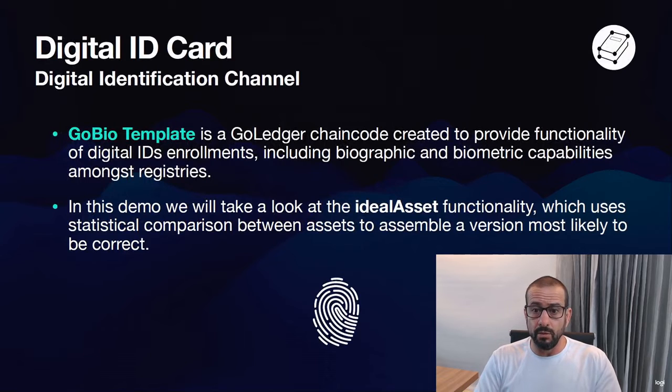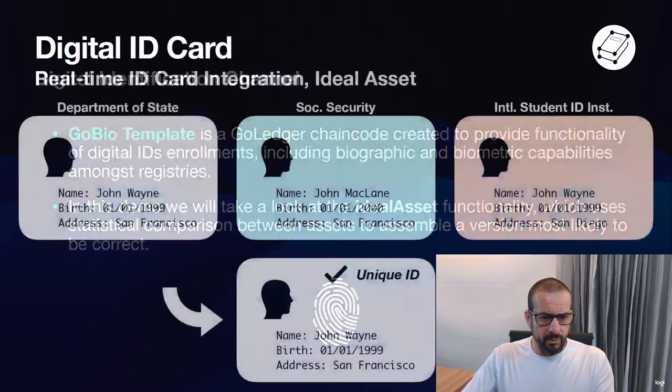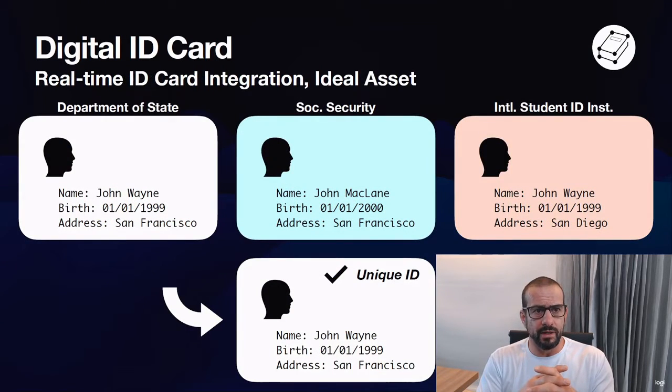about the GoBio template that's available for GoFabric usage. GoBio is a template that's created to provide functionality of digital IDs, especially integrating several databases that are used to enroll some personal ID. One of the main functions that it has is to give you the ideal asset that can be used for a digital ID card.